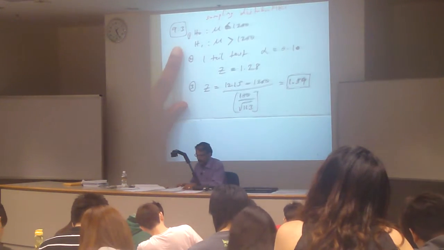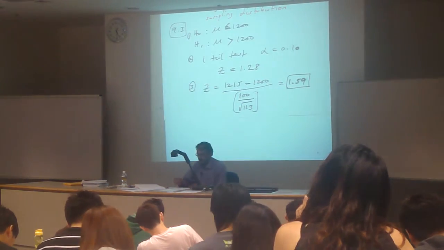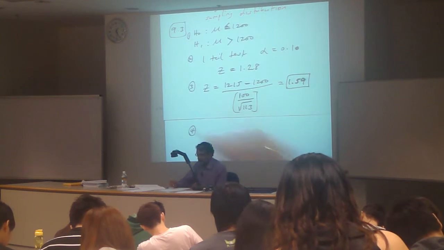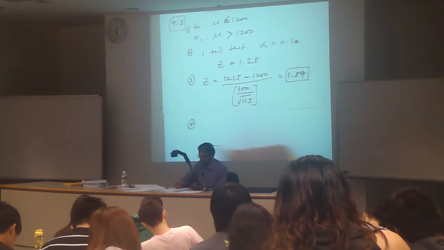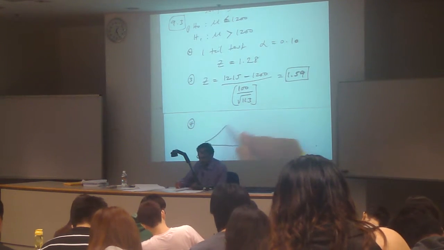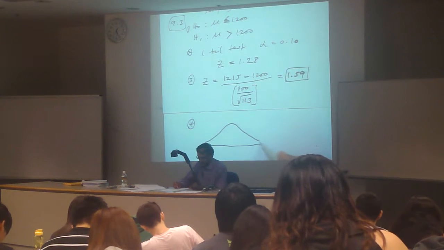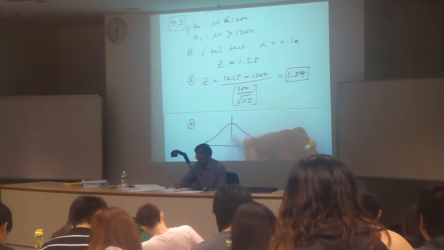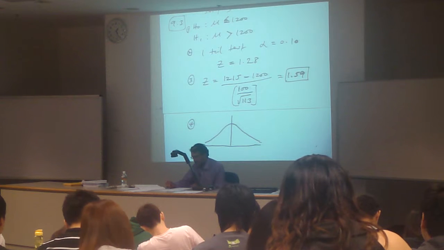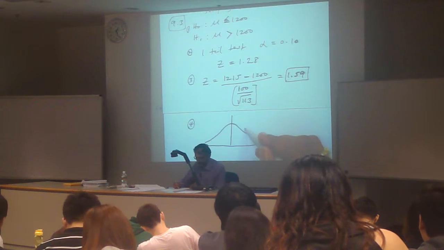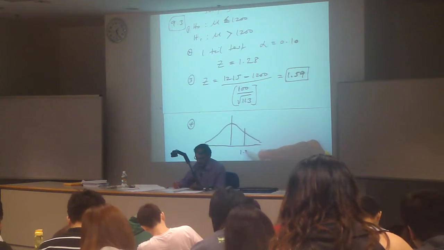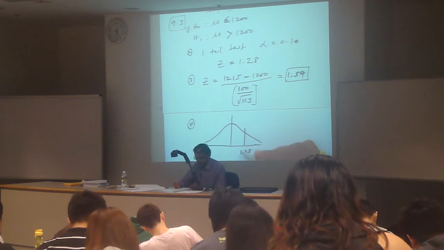Once you get 1.59, go to number 4. You go to number 4, this is the center. Then you notice it's 1.28, you're testing on the upper tail.